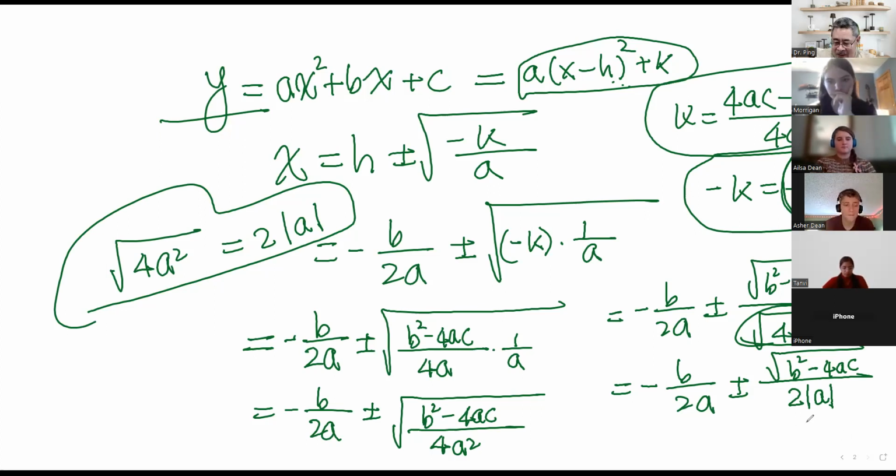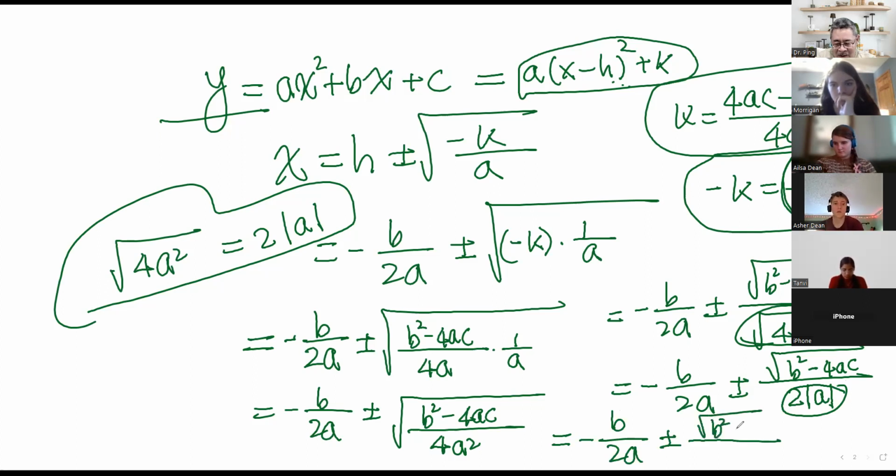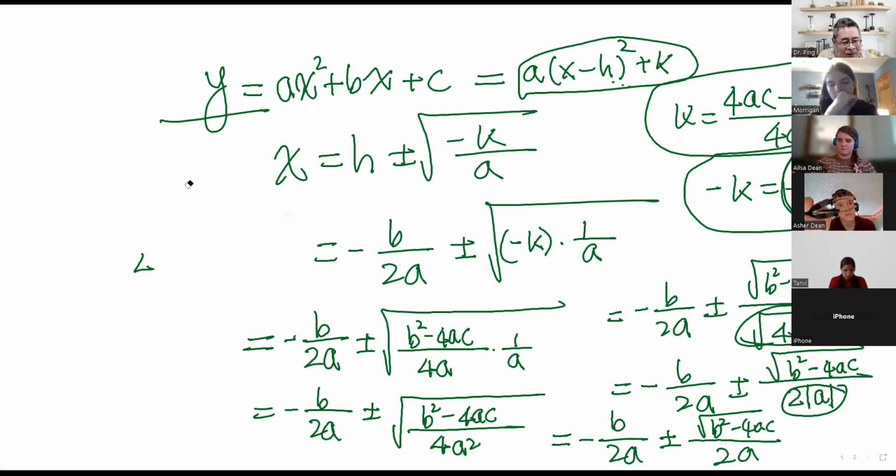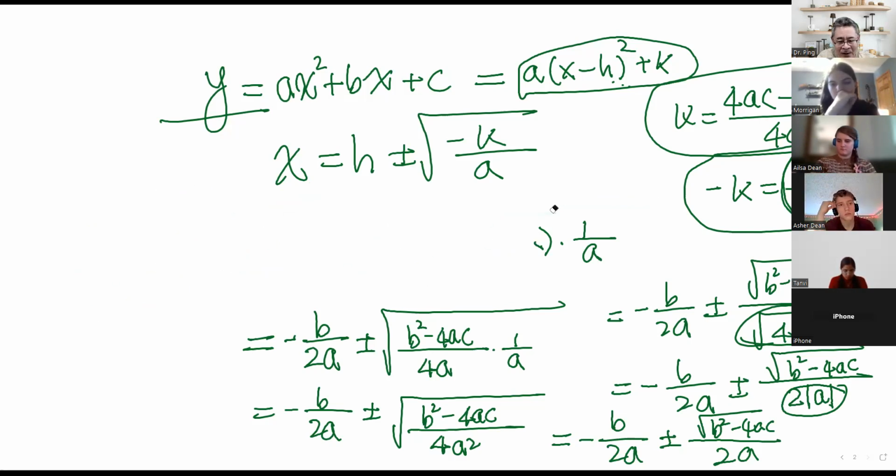Okay. But since this part is positive, if we replace it with a, all we need to do is just change the sign. So therefore, we can rewrite this as minus b over 2a plus minus, because we still have plus minus here, the square root of b squared minus 4ac over 2a. And that's how you write this from that. So if you know how to derive this, then basically you're good with algebra.